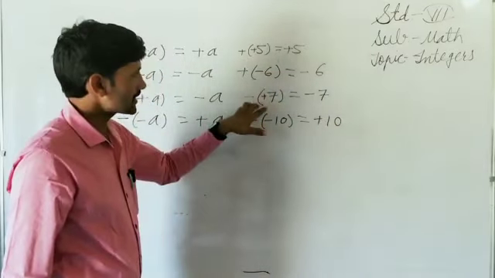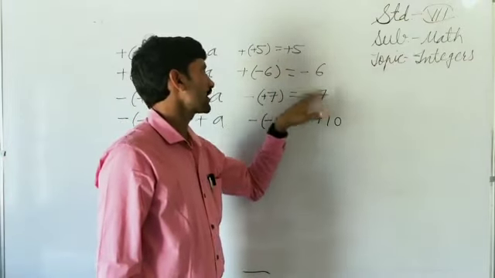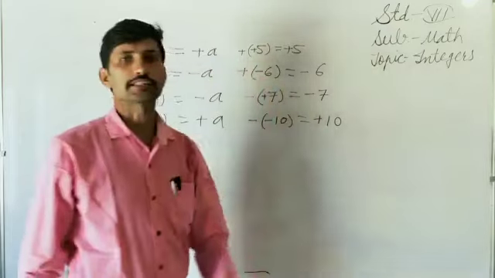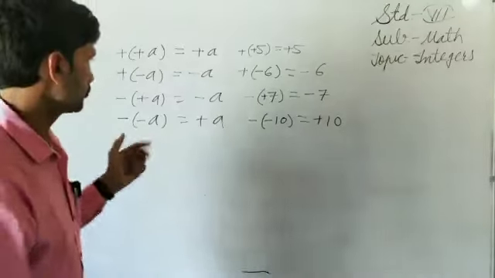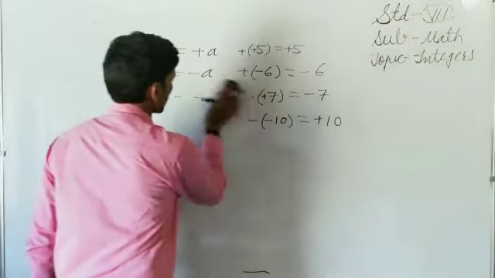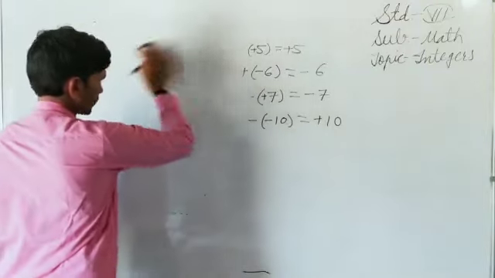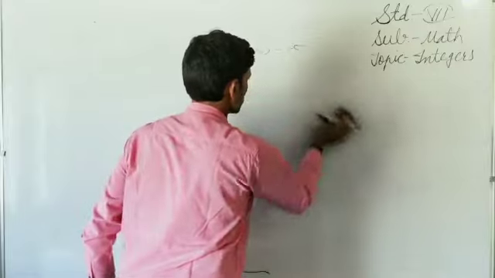But in these two cases, both signs are opposite, so that's why that has become negative. Plus minus minus, minus plus minus, minus minus plus, plus plus plus. So keep that in mind whenever we add two or more integers or subtract any two integers, that time we will use it. Or suppose we want to remove that type of bracket, that also it will be used.